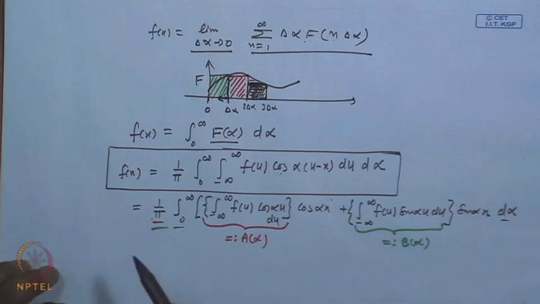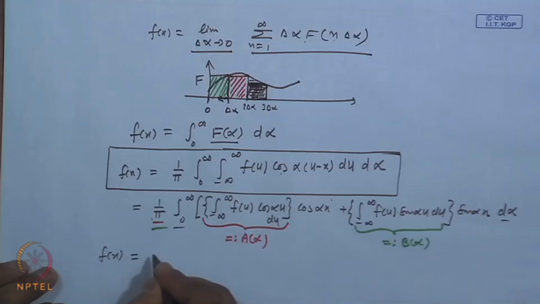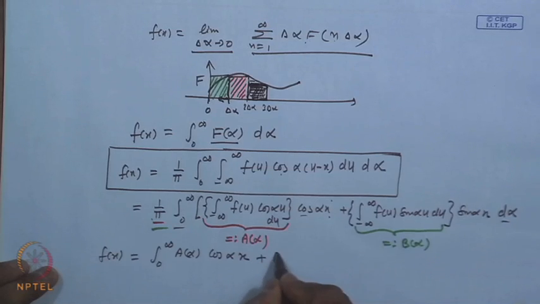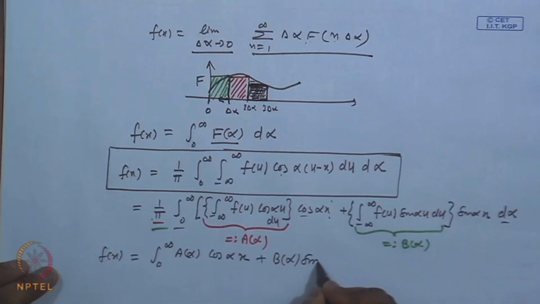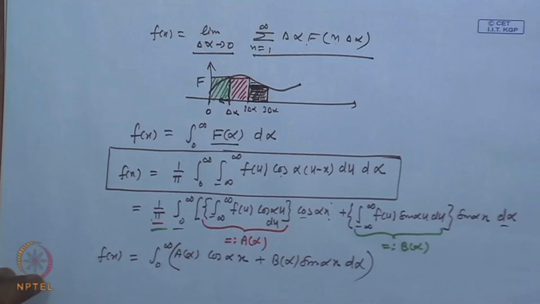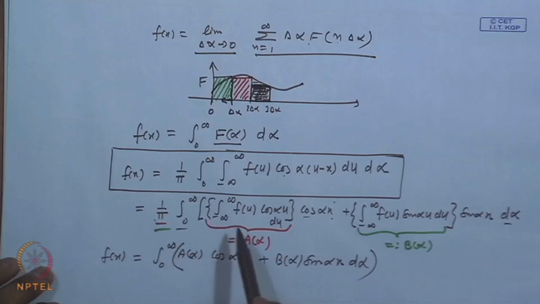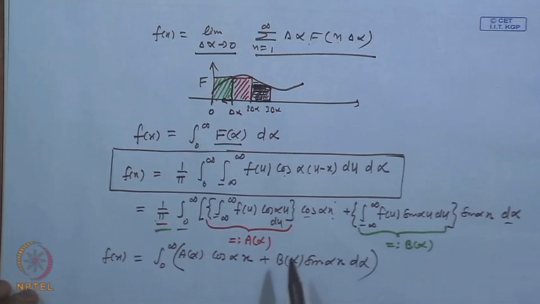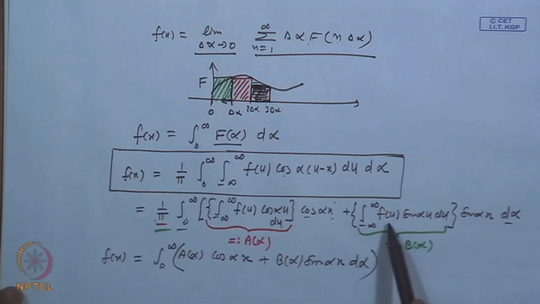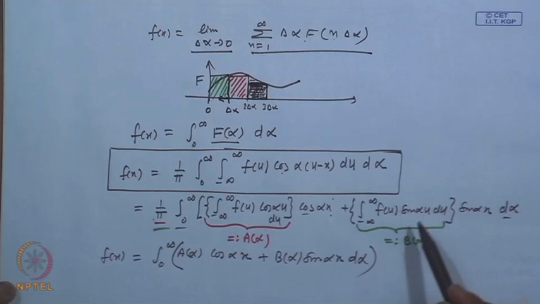So, we can write in a compact form that this f(x) is the integral from 0 to infinity of a(alpha) cos alpha x plus b(alpha) sin alpha x d alpha, where a(alpha) is 1 over pi, the integral from minus infinity to plus infinity of f(u) cos alpha u du, and b(alpha) is 1 over pi, the integral from minus infinity to plus infinity of f(u) sin alpha u du.